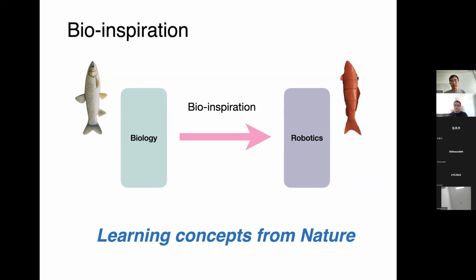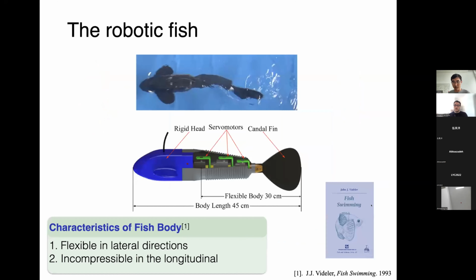So following this concept, we first consider bio-inspired hardware. We look at nature and we find for fish system, they have two main characteristics of the body. One thing is it is flexible in the lateral directions. And the second thing is incompressible in the longitudinal direction.